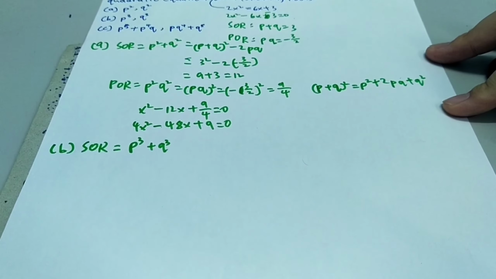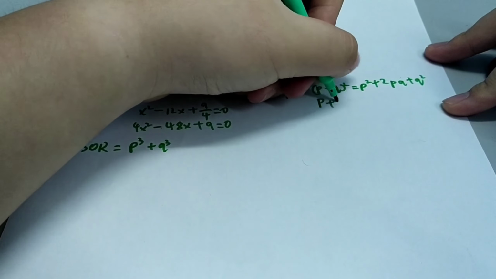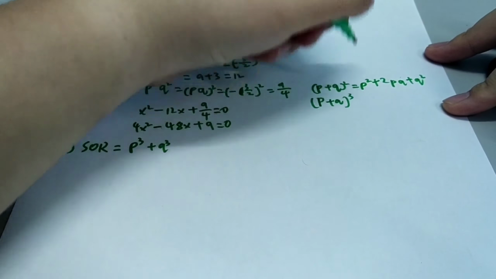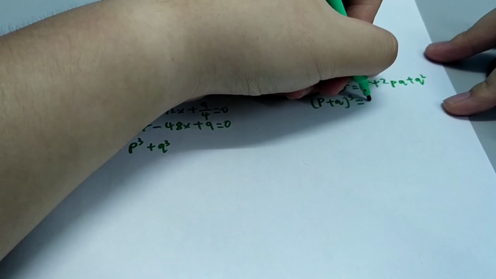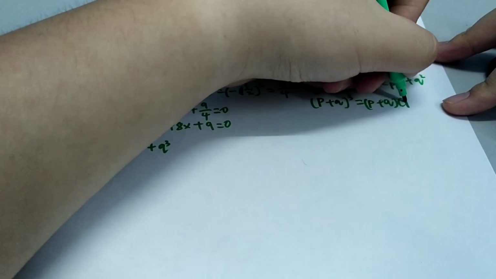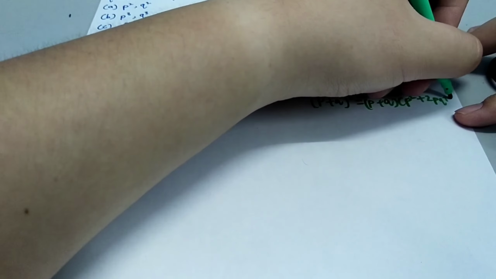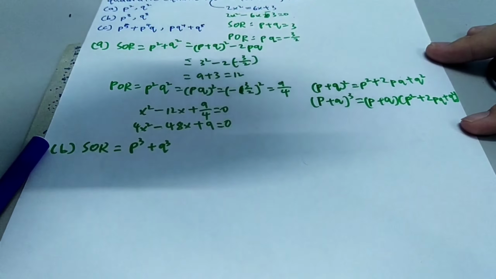So (p plus q) cubed is equal to (p plus q) times (p squared plus 2pq plus q squared).